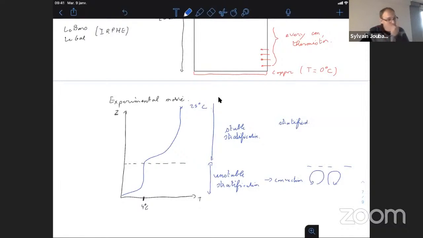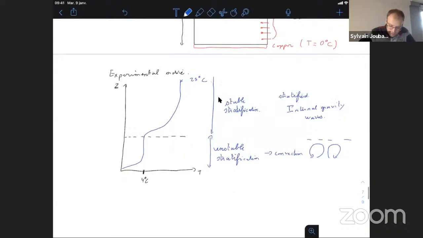Clearly, you have seen the movie, it's hard to see something in the stratified region, so you don't see a lot of energy. Probably it's because it's very small, so you see convection and you don't have enough signal to clearly measure something. But here you have the propagation of internal gravity waves. And the question is how they are related, how they are coupled, is a very important question.